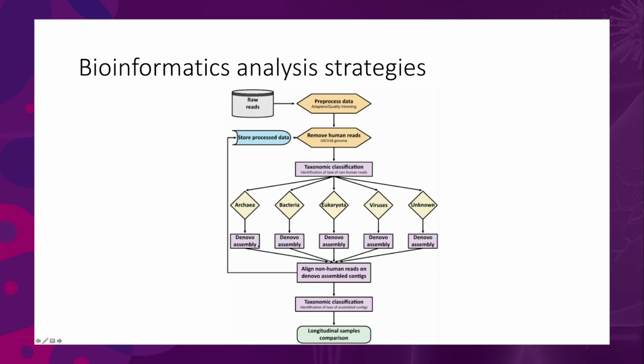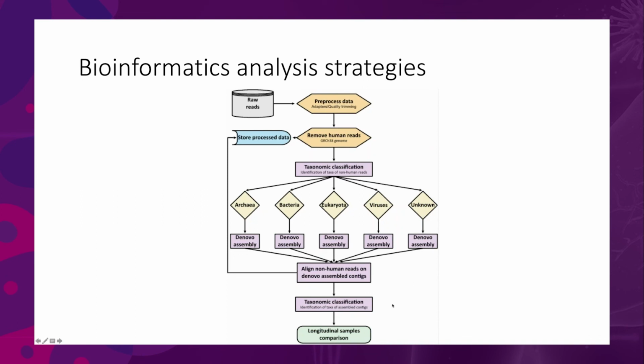Then we assemble the reads in each group, and we extract the contigs from the assembly process, and then we align our reads to the de novo contigs that we obtain in order to eliminate any junk assembled contigs.